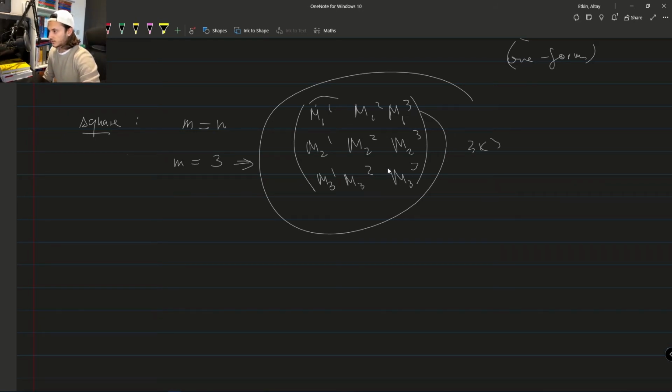These are called the diagonal elements, and these are basically the off diagonal.